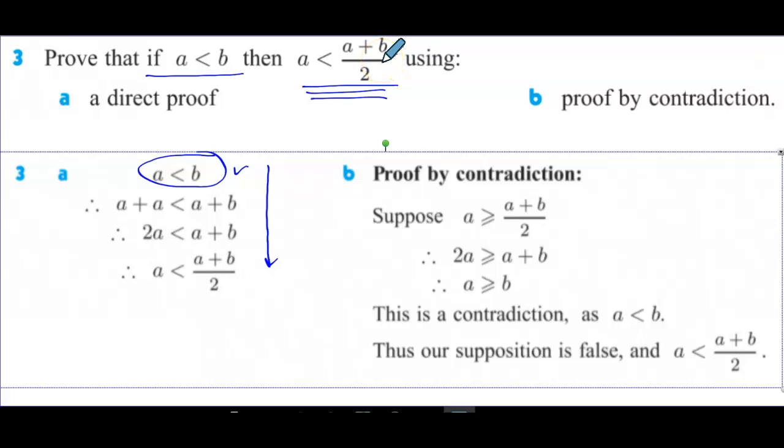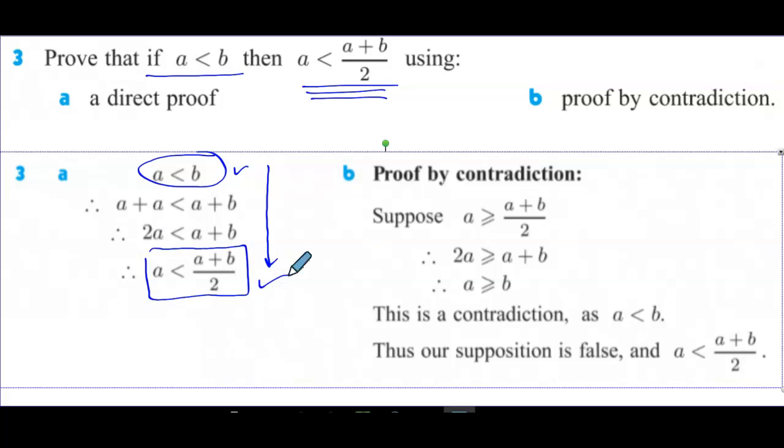The way you introduce them is legal steps. Can you add a to both sides? Absolutely. Does it switch the sign? No way. So then we get 2a equals a plus b on this side. Then we divide by 2. Does that switch the sign? No, it's a positive 2. So did we end up where we wanted to? You bet.